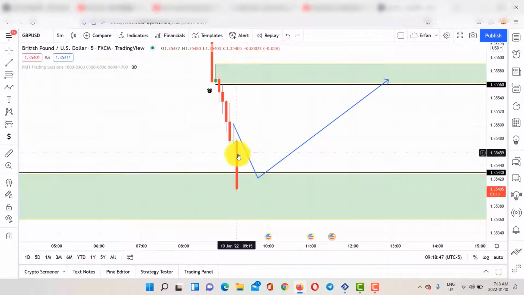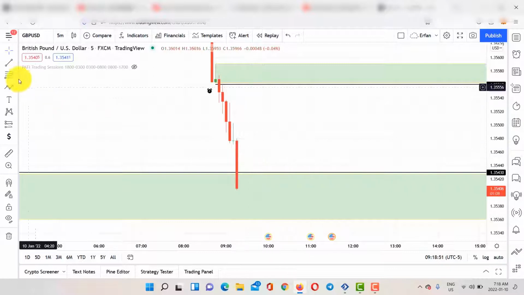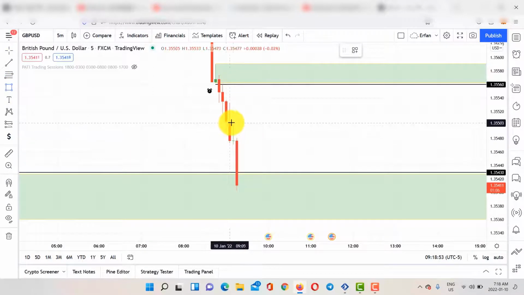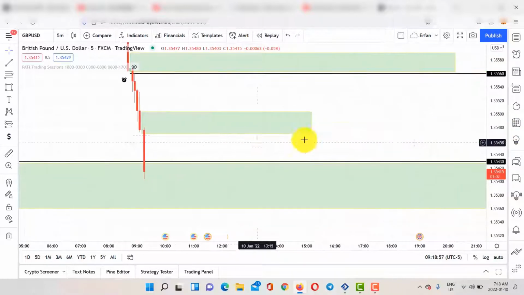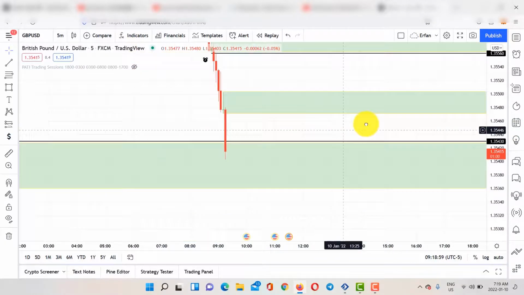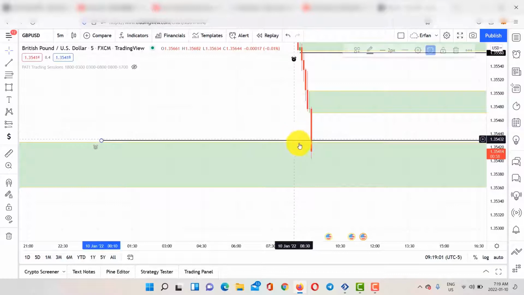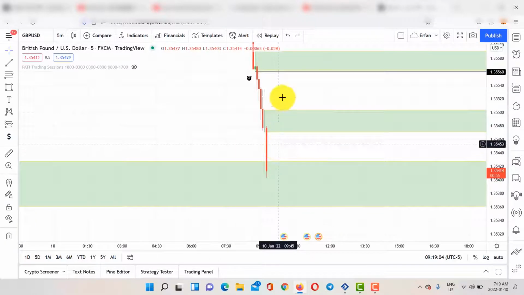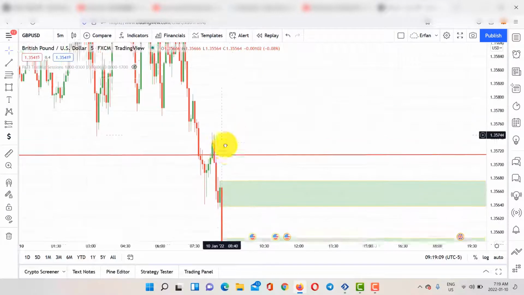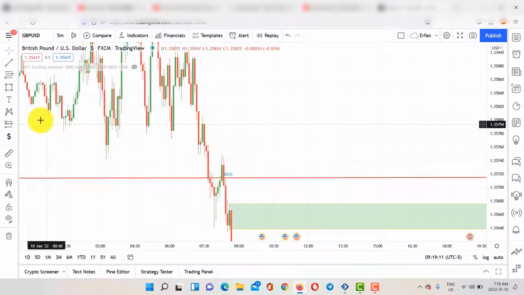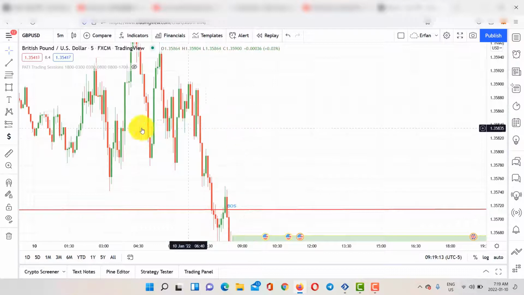Yeah, I don't know what exactly is going to happen, because it also created another gap right here. And you know what might happen is that it actually could go further. We have gap here, gap here, gap here, gap here.